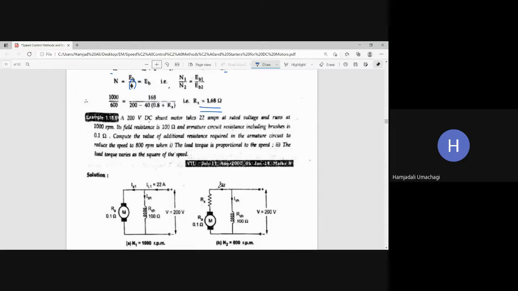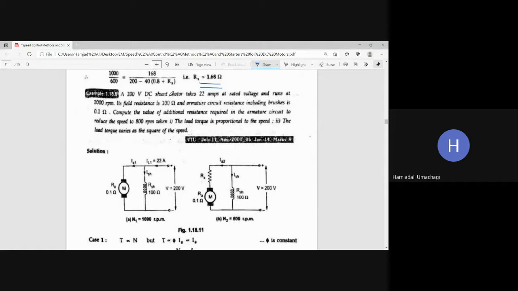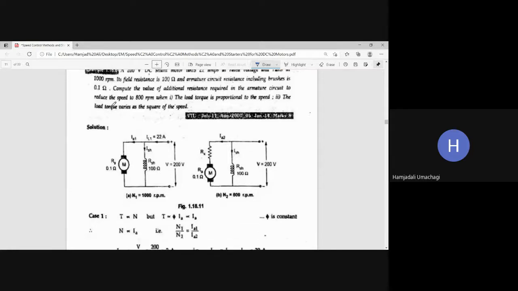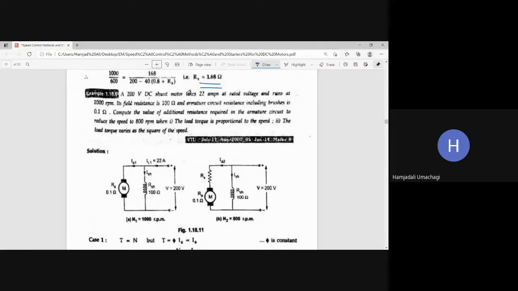Now let us see the next problem here. A 200 volt DC shunt motor takes 22 amps at rated voltage and runs at speed of 1000 rpm. So here once again DC shunt motor we have taken, and it takes the current of 22 amperes at the rated voltage, and its speed N1 is 1000 rpm.